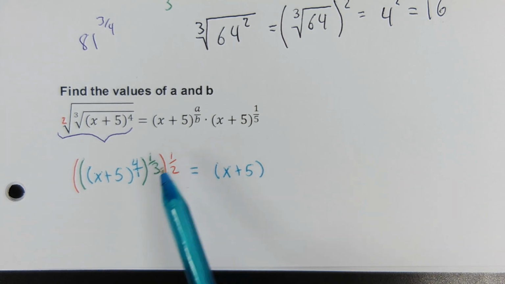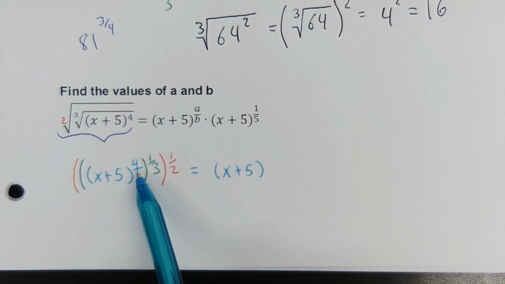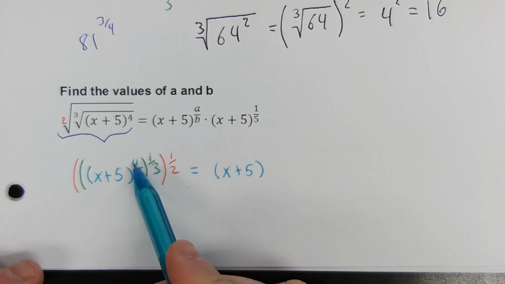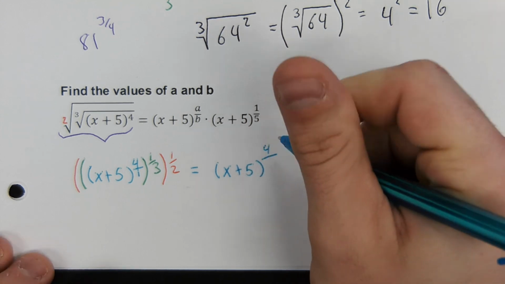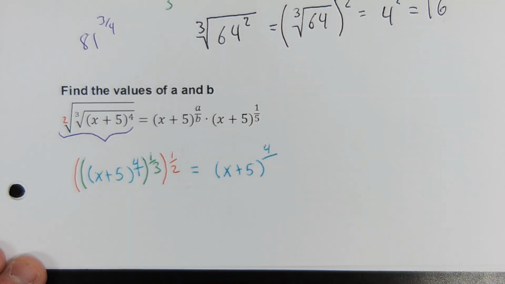What am I going to do with these 3 exponents, because it is a power to a power? We're going to multiply them. When we multiply exponents that are fractions, we multiply straight across. The top then is 4 times 1 times 1. The bottom is 1 times 3 times 2.